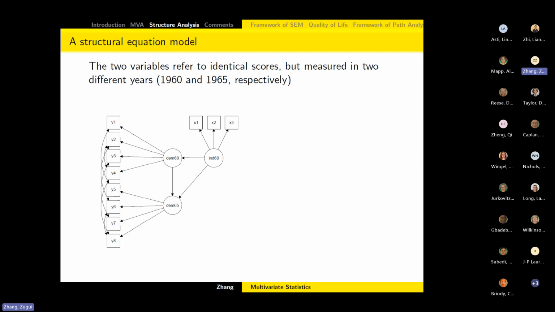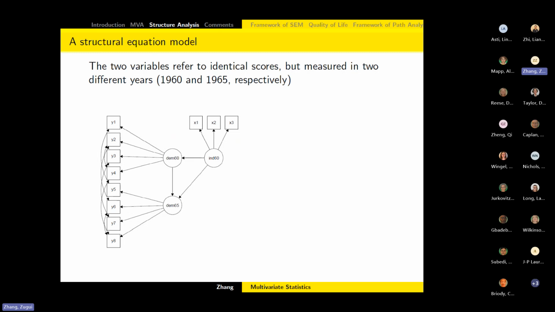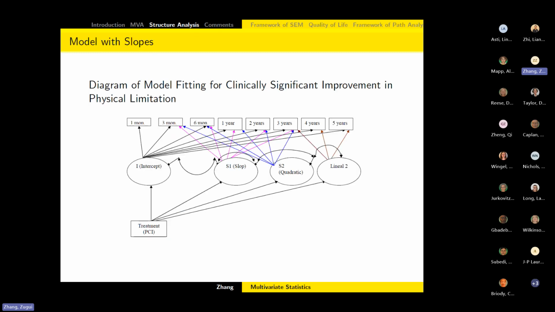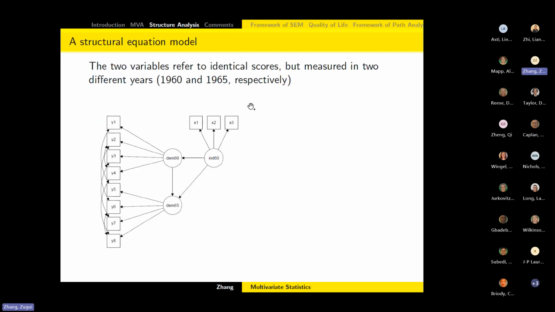For DE-CTR, that's related to 4 outcomes, y1, y2, y3, and y4. And then DE-65 is related to outcomes y5, y6, y7, and y8. And then we can see the relationship.